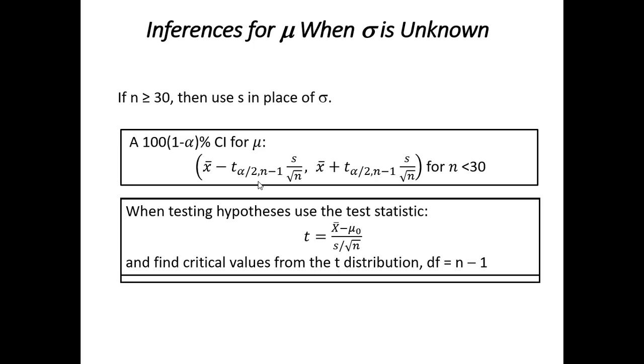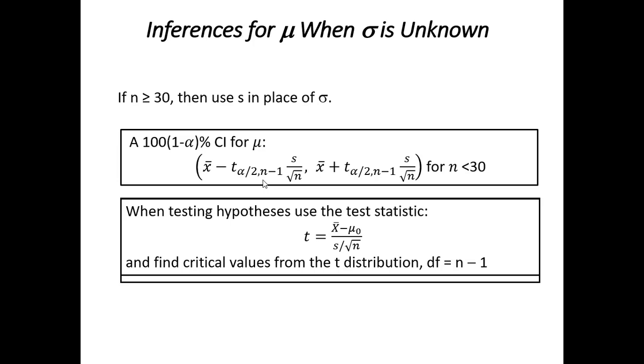As the degrees of freedom get smaller and smaller, these curves flatten out. The t-distribution is a symmetric bell-shaped distribution similar to a normal, but generally they get flatter and flatter the smaller n is. Okay, we'll look at a t-distribution table in a few minutes.